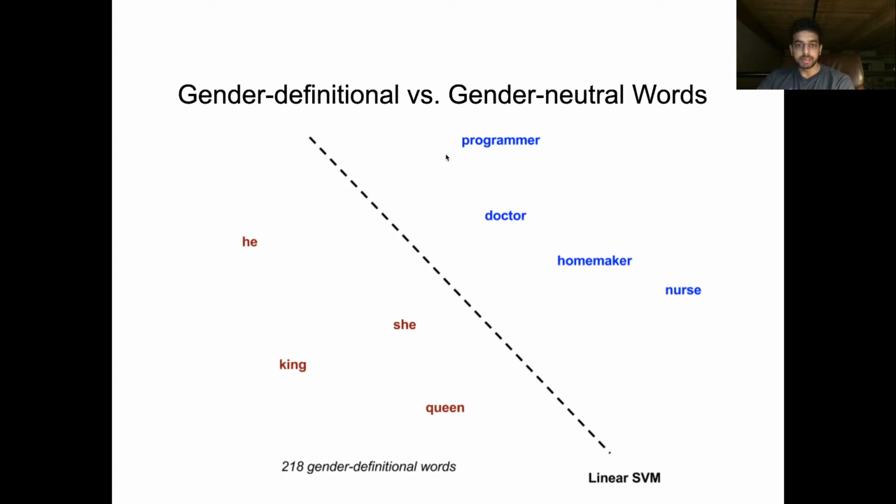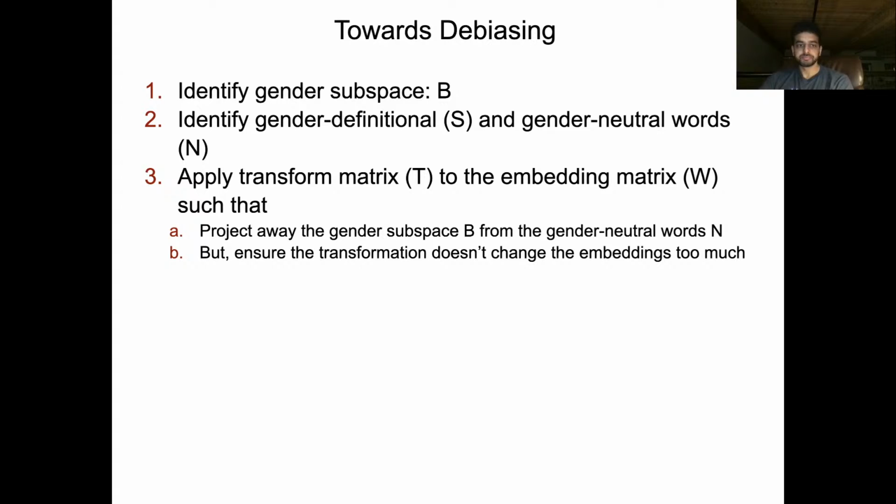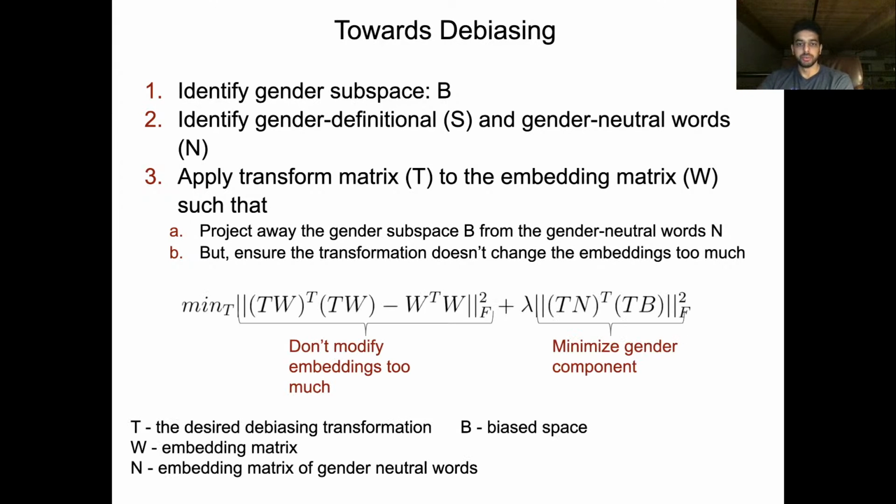At the same time, you just want to make these things shift a little farther away from the gender subspace of the model. So that's like the high level intuition of how you do this. And you could do this by just adding some sorts of regularizers on top of your word embeddings. And I believe people have looked into debiasing strategies in contextualized models like BERT and Elmo as well.